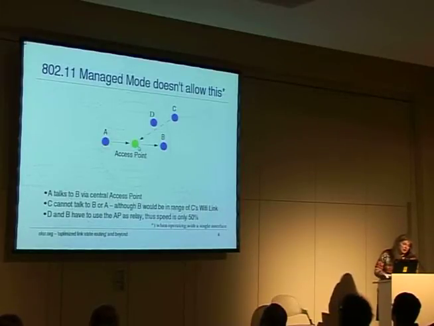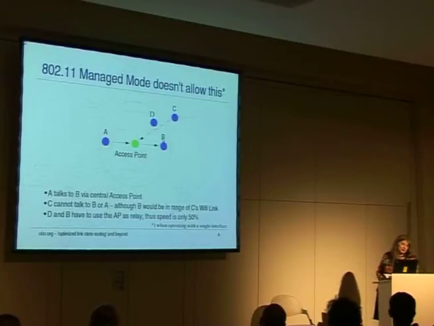But imagine you have two laptops on the same table and you want to share some files, and the distance between D and B, imagine they are on the same table. The distance is 1 meter, but the distance to the access point is 300 meters. Well, you can be lucky if you have 20 kilobytes per second, especially here at the Congress.